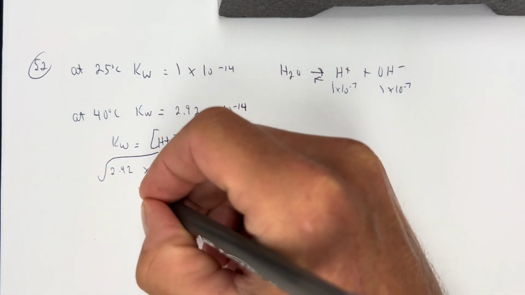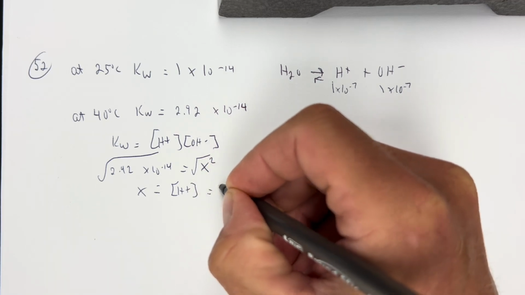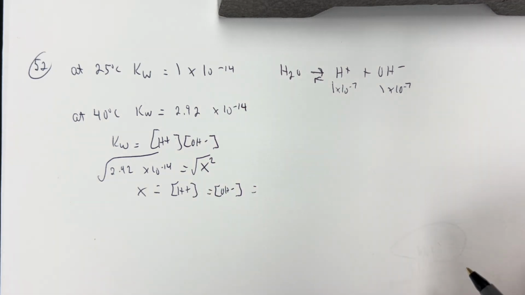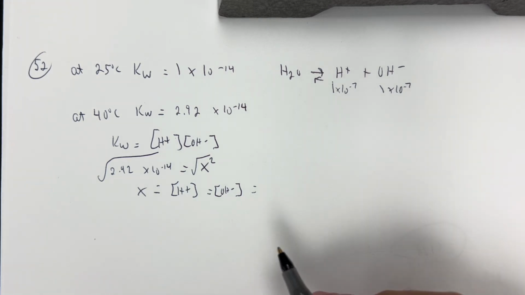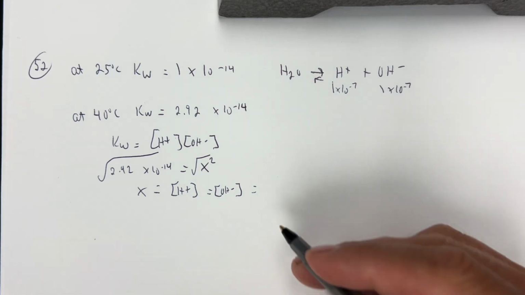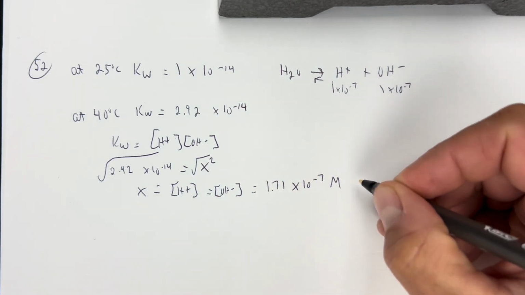Take the square root: x, which would be your concentration of H plus and your concentration of OH negative. Those would still be equal, so it's still considered neutral, equals 1.71 times 10 to the negative 7th molar.